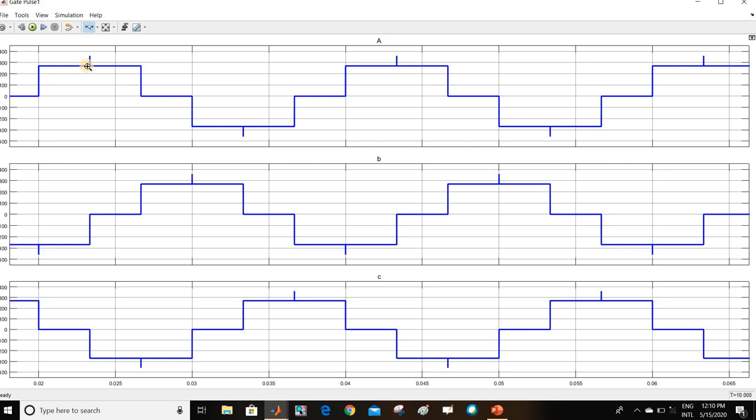Now what about VBN? VBN will be coming minus VDC by 2 because negative side of the battery is connected with B. So it is coming minus VDC by 2 for this. You can see for this 0 to 60 degree, it is coming minus 270. You can see minus VDC by 2 it is coming.